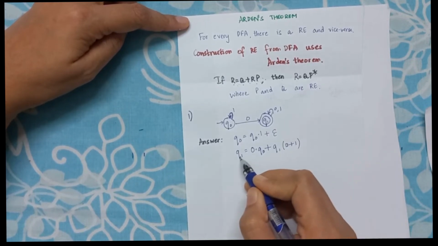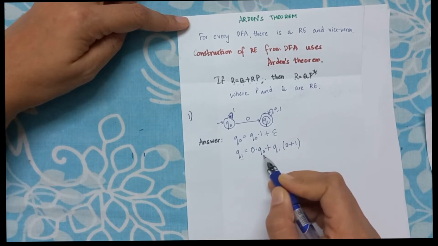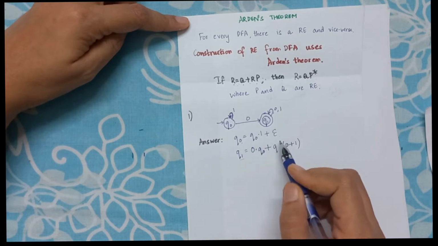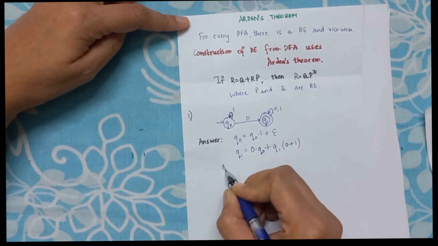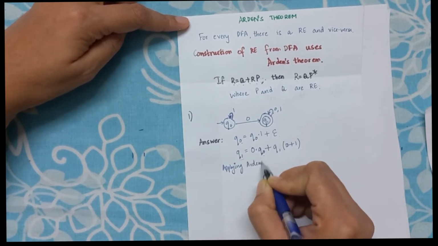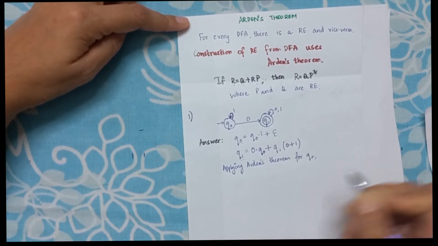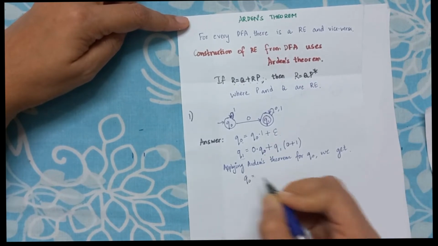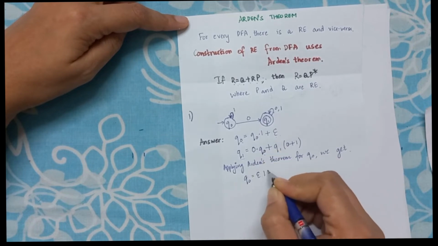Now I am supposed to be solving for Q1 because it is the final state. In Q1 I have an unknown which is Q0. So I will solve for Q0 first and then we will see how to substitute this in Q1. Now applying Arden's theorem, for Q0 we get Q0 is equal to epsilon 1 star.